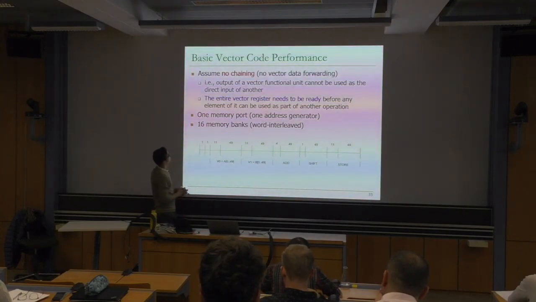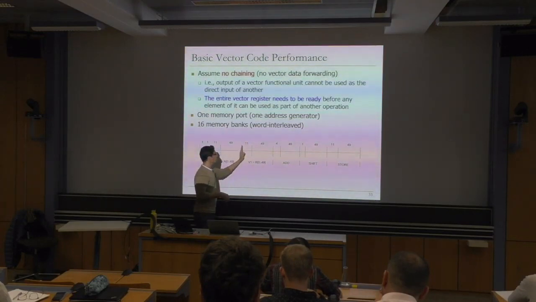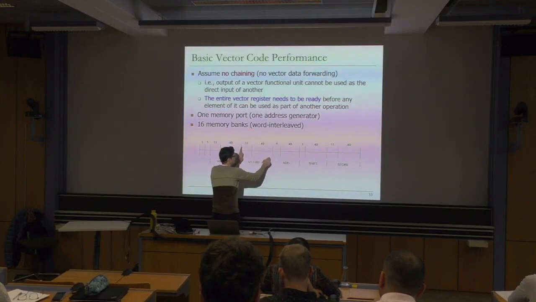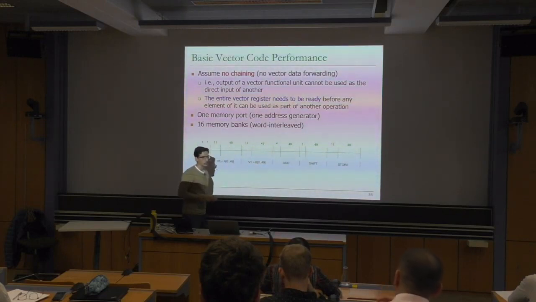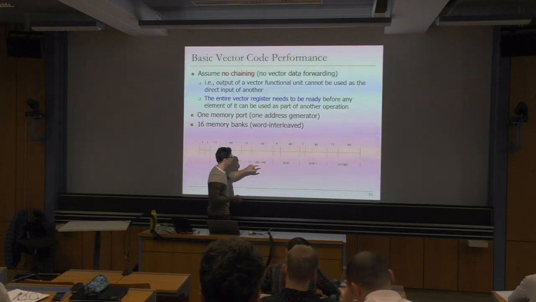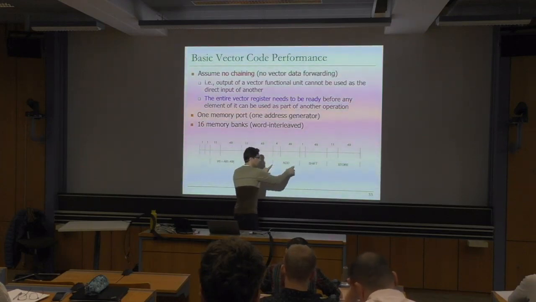Now observe, we have one single memory port, so we can only start the next vector load when the first one is completely done. And again, it's exactly the same: 11 cycles to read B0 from memory, and then one cycle later we will have the remaining 49 elements of array B. And then we start the addition.